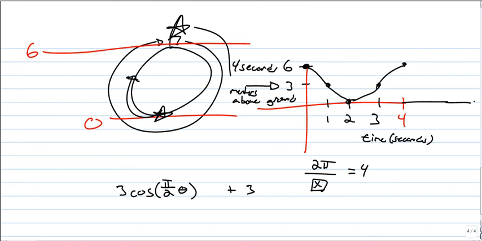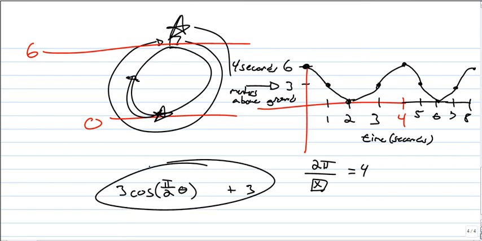Okay, so 8, 6, 5, 7. So there's 2 periods of it. Write an equation for this situation. We've got our equation here.